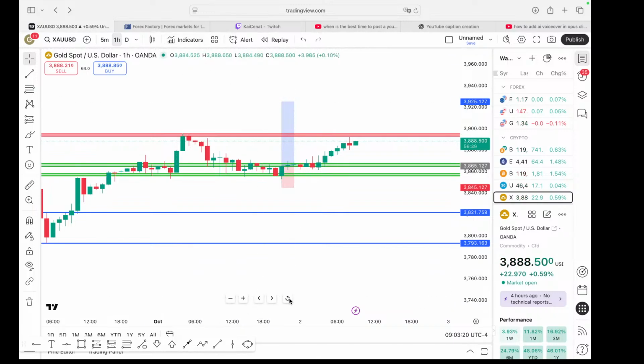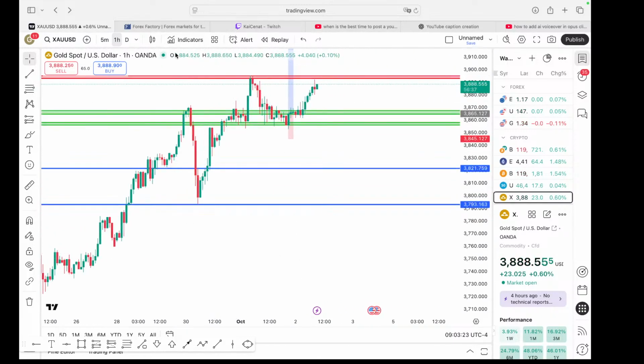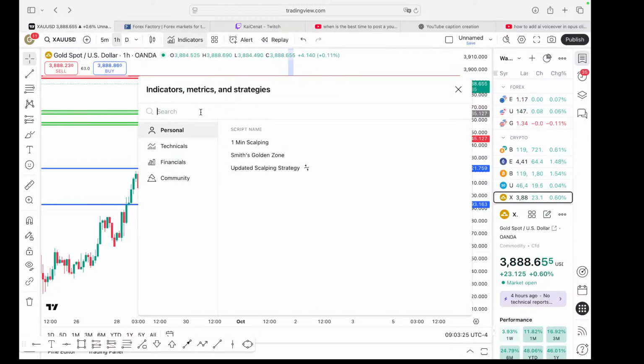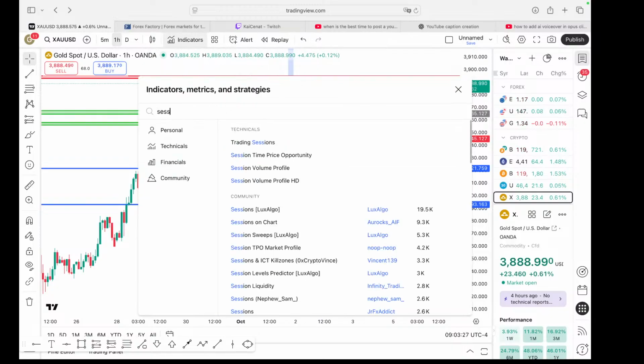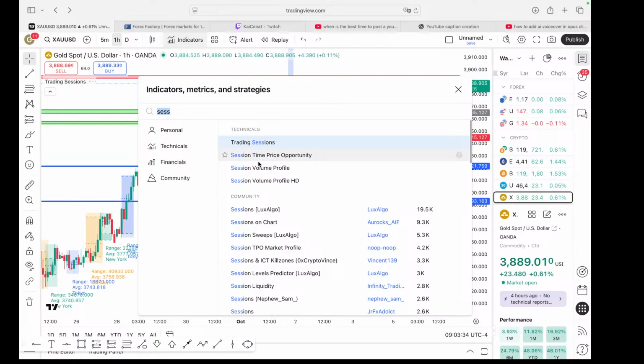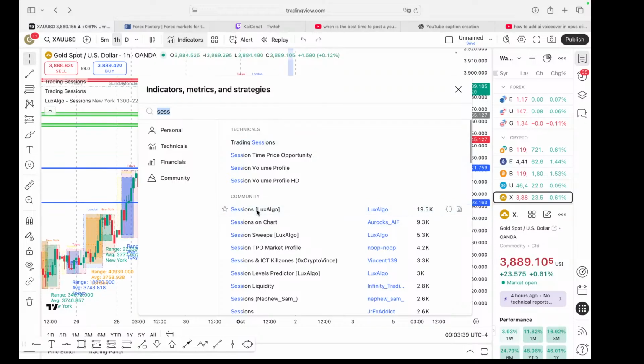If you want to know how to use TradingView and you want to add an indicator, just hit indicator and then let's see, sessions, trading session. Let's see if it's this one. It's not that one. Oh man.